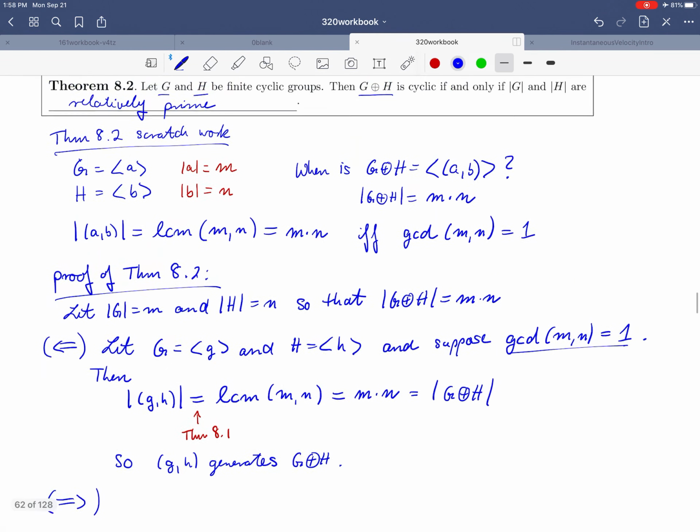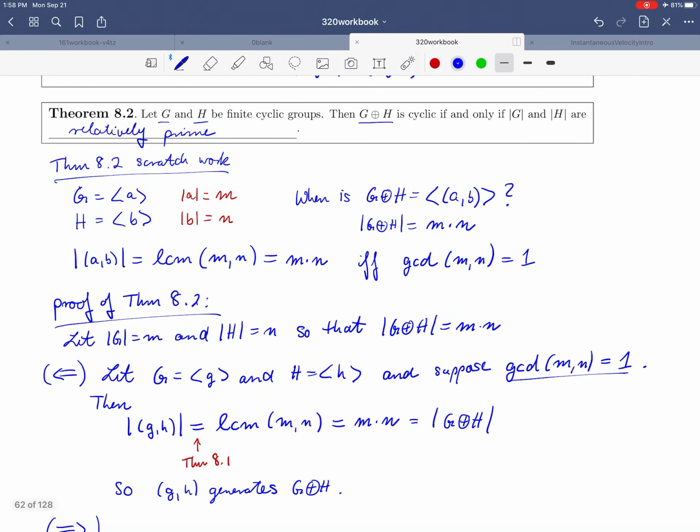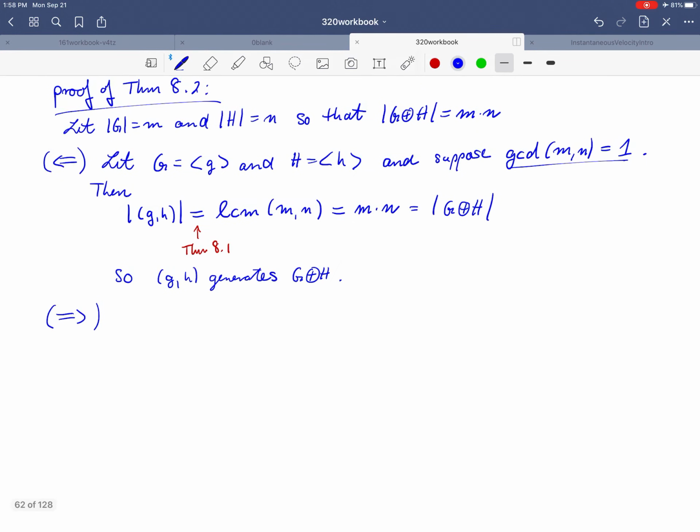So the other direction, let's go back to the statement. We are assuming that G plus H is cyclic. So assume that G plus H is cyclic. And if it's cyclic, it has a generator. So let's say our group is cyclic with generator (G, H).